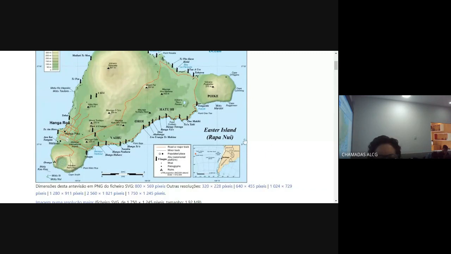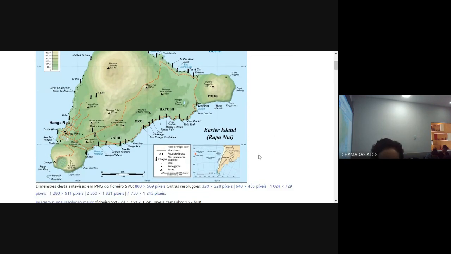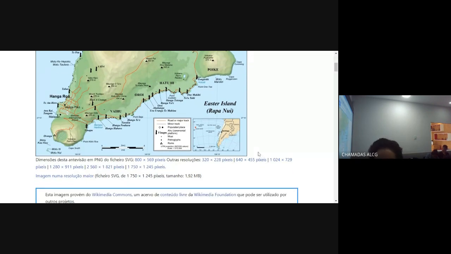Some people call the place Rapa Nui, okay? If you see the map and the location of the sculptures, they are basically all around the coast. They're mostly everywhere. Amazing.